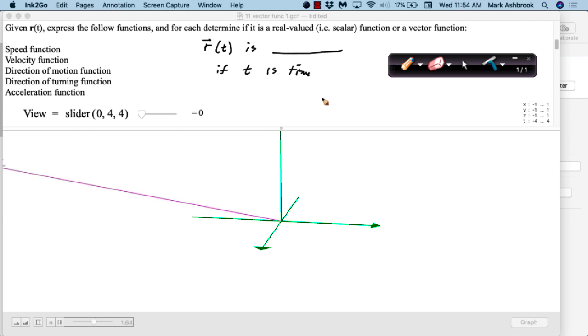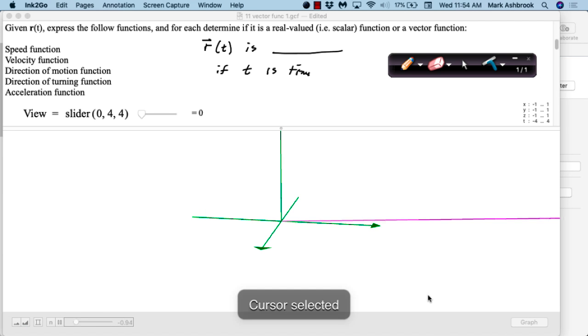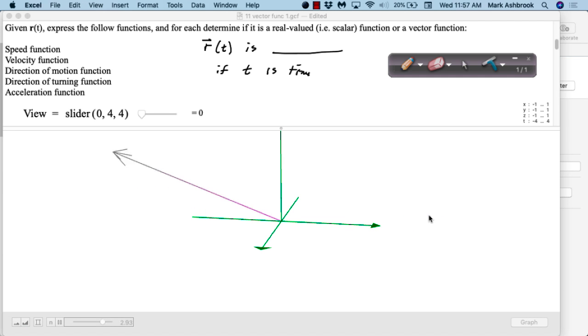Okay, go. So you're working on this, talking to somebody. Okay, so how would I express the speed function? How about Jose? So the speed would be the magnitude of the derivative.